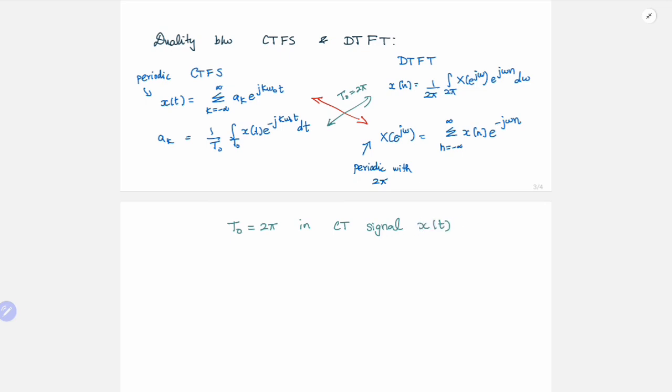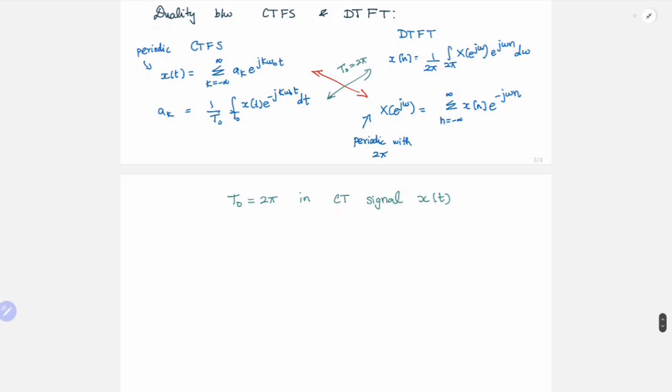Even if you have a signal x(t) having some period T_0, you can always scale the signal appropriately by some constant coefficient and bring the period to 2π, correct?